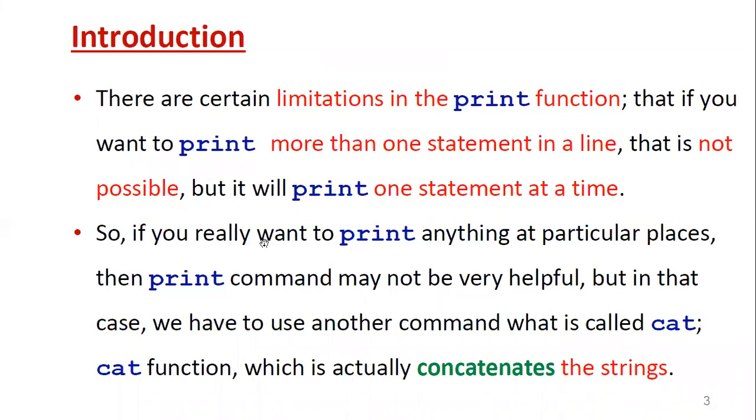So if you really want to print anything at particular places, then the print command may not be very helpful. In that case, we have to use another command called cat. The cat function concatenates the strings. So that is the use of the cat function.